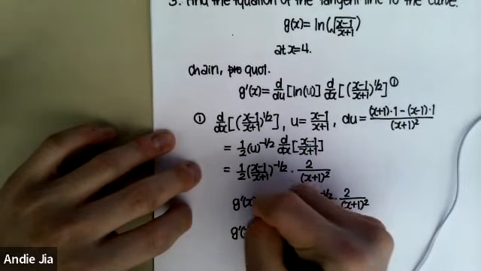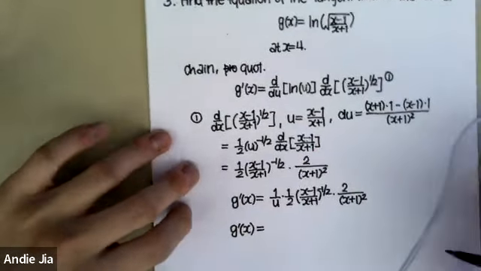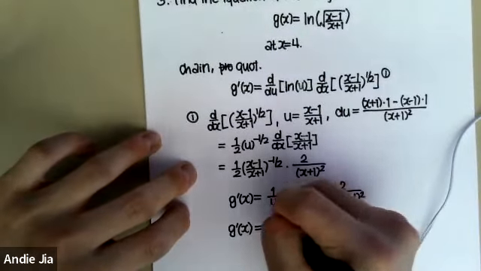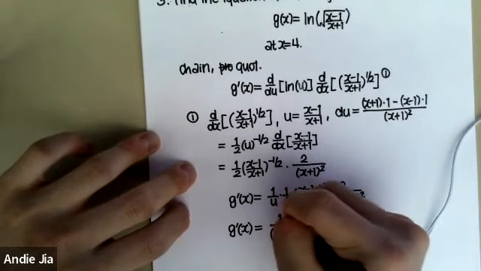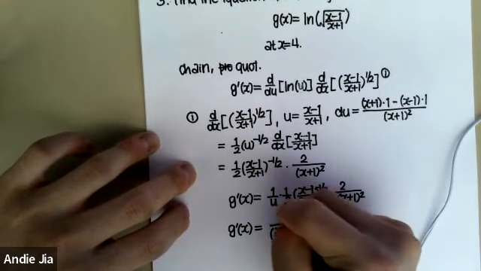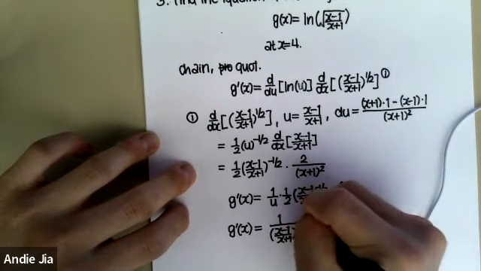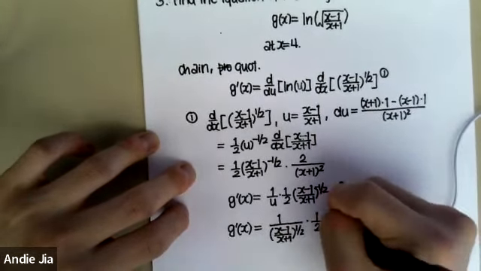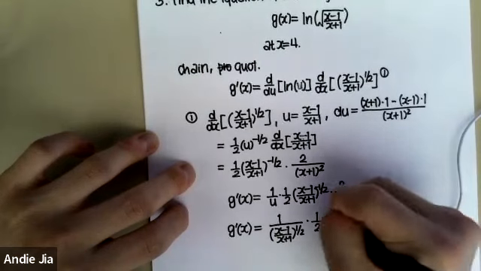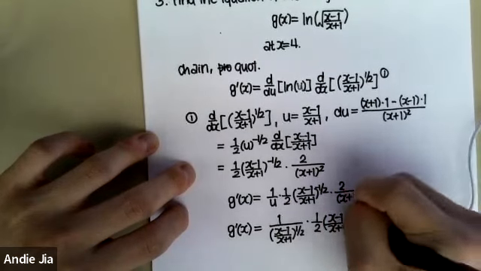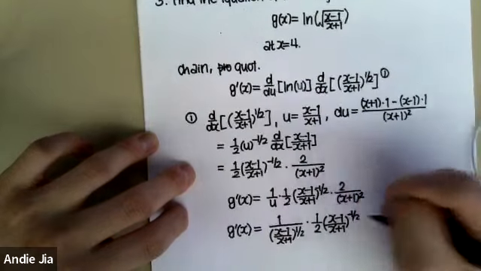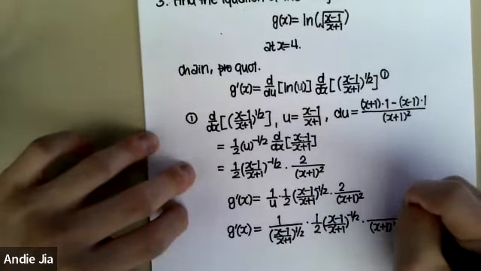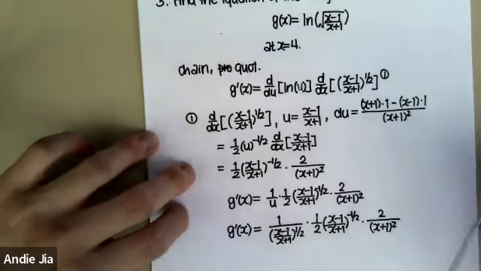And then g prime of x is going to be 1 over square root of (x minus 1)/(x plus 1), times 1/2 times (x minus 1)/(x plus 1) to the negative 1/2, times 2 over x plus 1 squared.